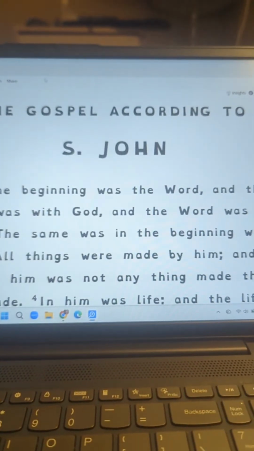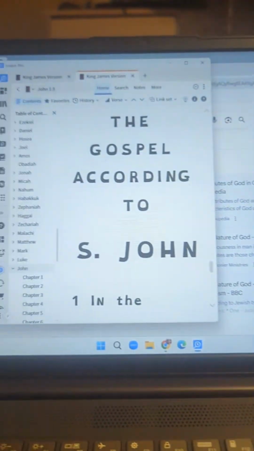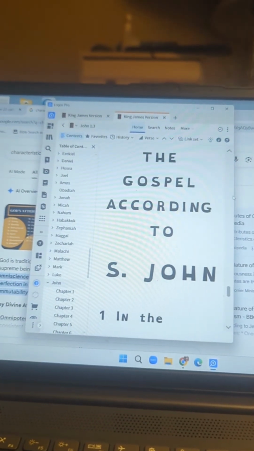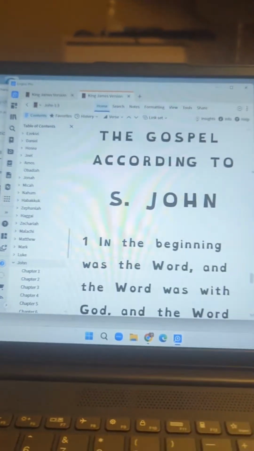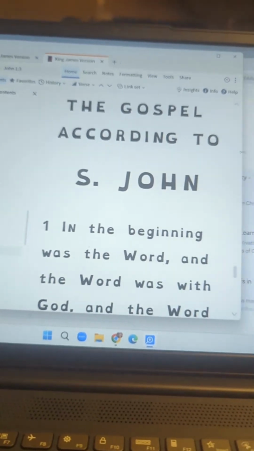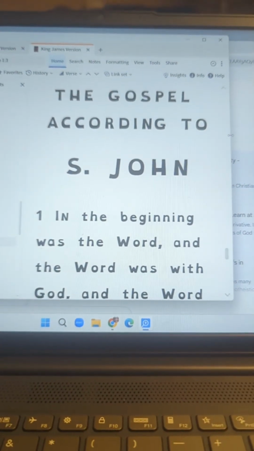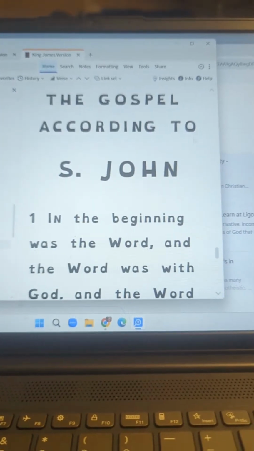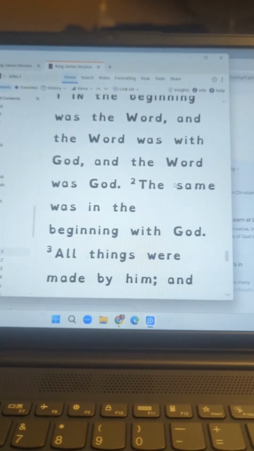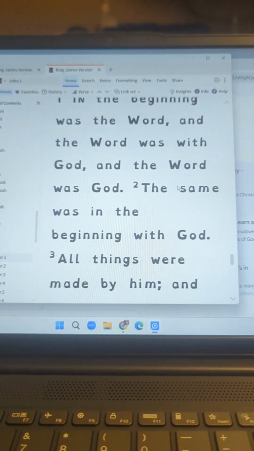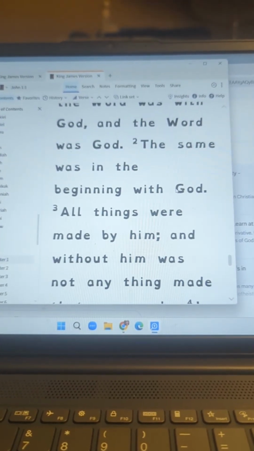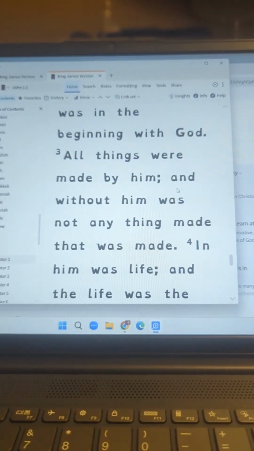Okay, so I'm gonna move this up a little bit. So in the beginning was the Word, logos, and the Word was with God, and the Word was God. All things were made by Him, and without Him not anything was made that was made.